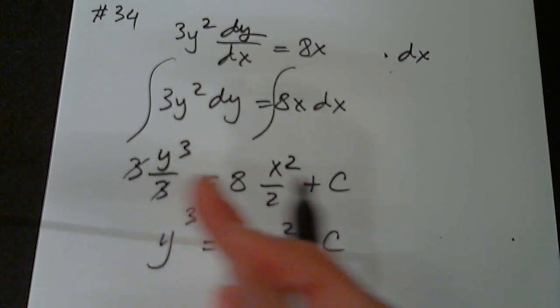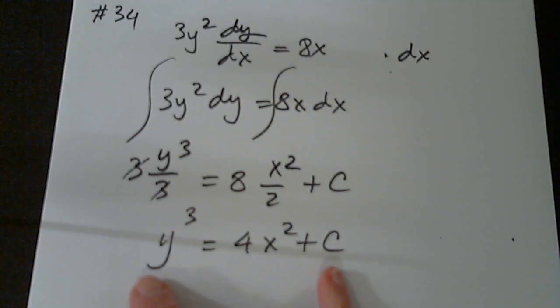What procedure do we apply to both sides to get y? We are solving for y. Y is the function we need. What should we do to both sides to solve for y? And this is from algebra. This is nothing new.